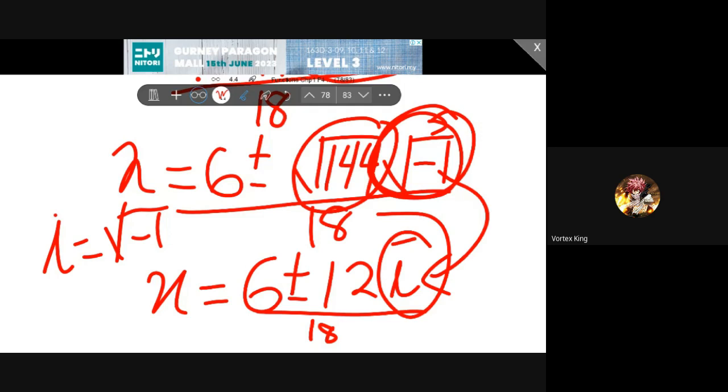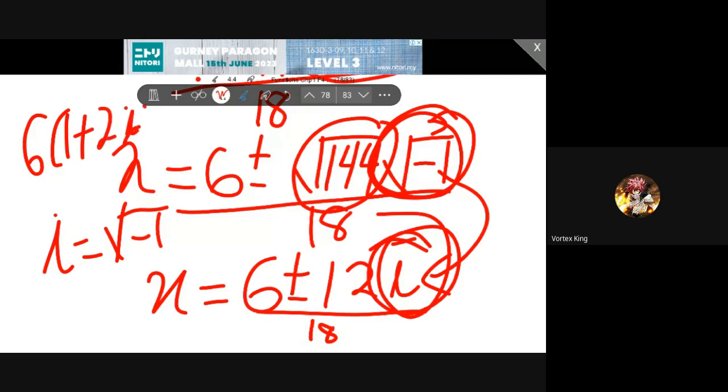So can you tell me the values? You will not get answers in decimals because you have an i here. There is no exact value. Very good. 6 minus 12i over 18. Correct. The top and bottom you can also factorize. 6 plus 12i, you can factorize like this: 6 times (1 plus 2i) over 18.